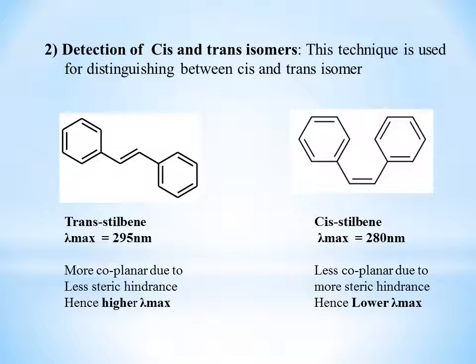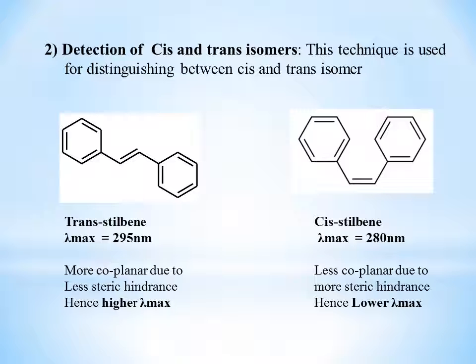Here trans stilbene is there, its lambda max is 295 nanometer. Cis stilbene has a lambda max of 280 nanometer. If a more coplanar structure is there, like in trans, due to less steric hindrance its lambda max is towards longer wavelength, that is 295 nanometer.